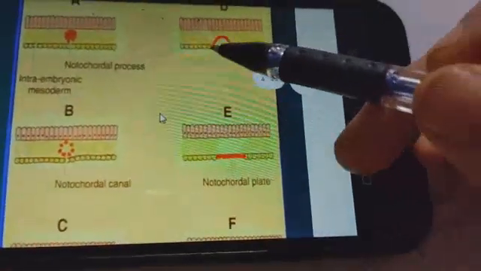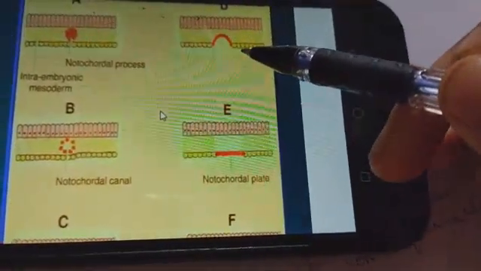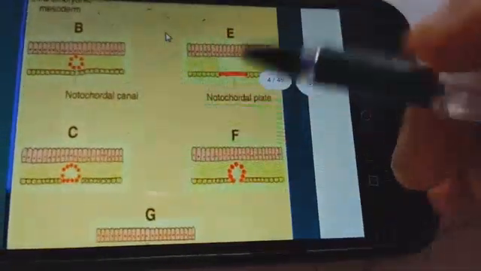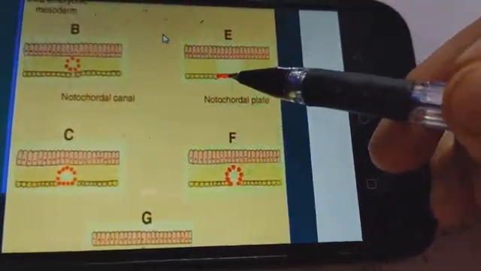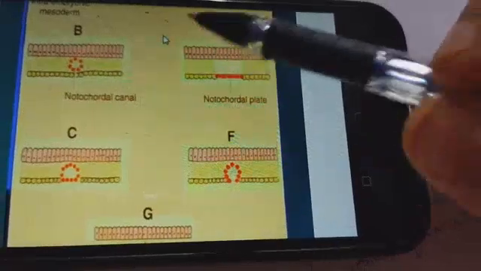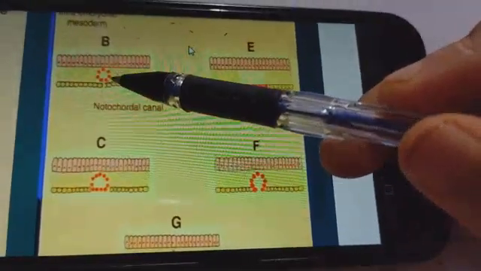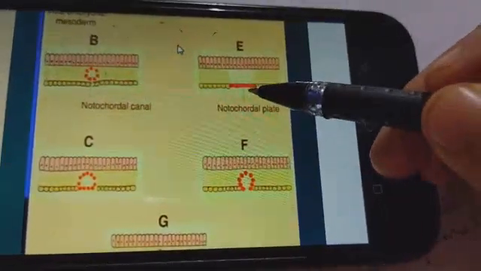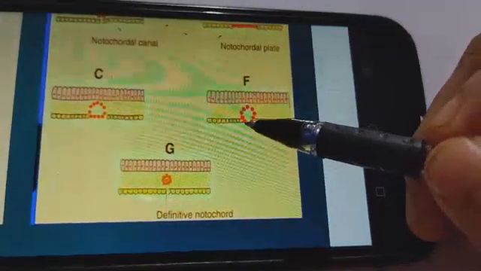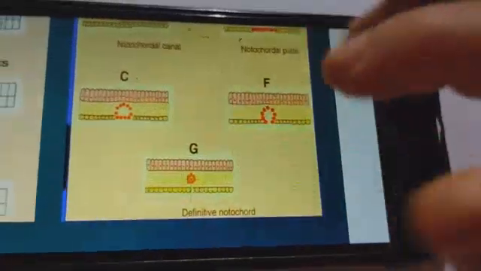The cells below kind of disappear and then it forms like an arch, and again it forms like a plate. So this plate formed by the notochordal cells is called a notochordal plate. Then again it forms like an arc, and again it forms the definitive notochord.